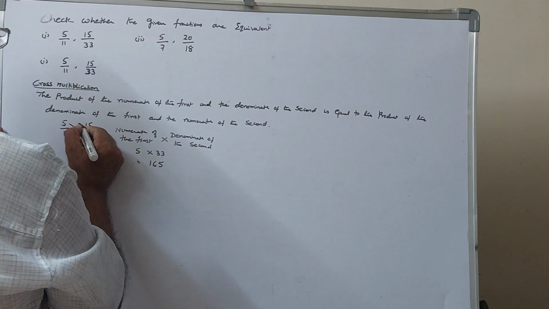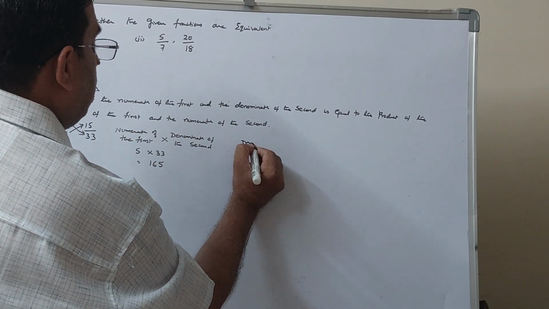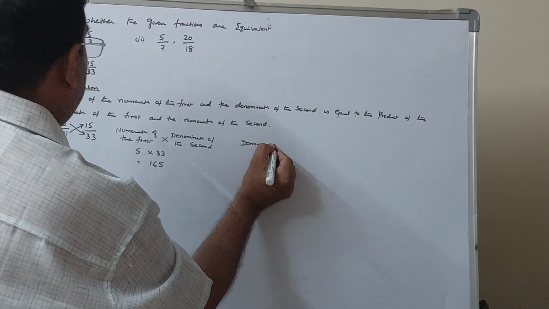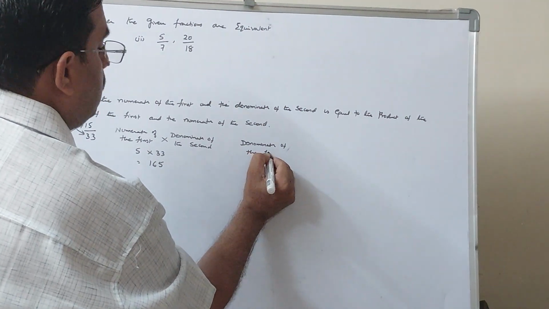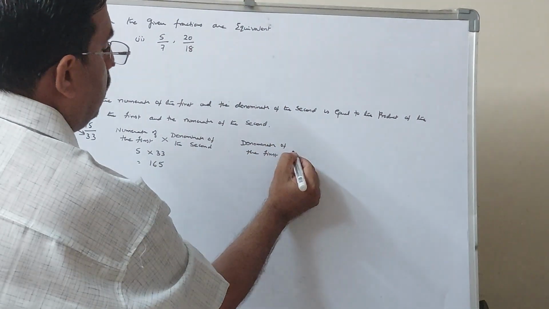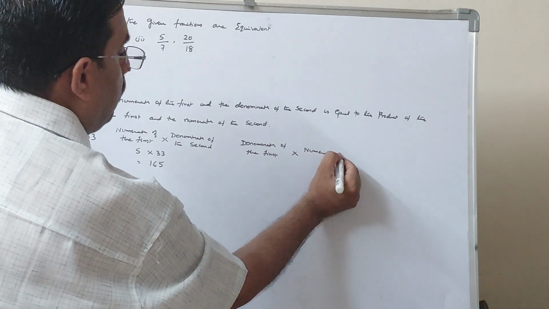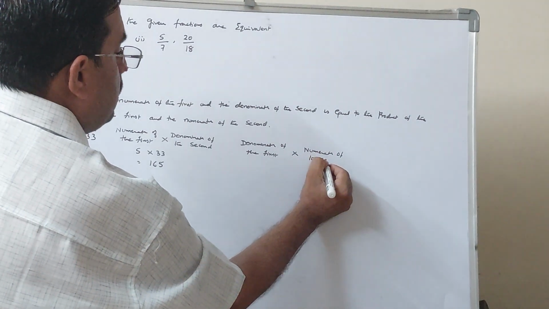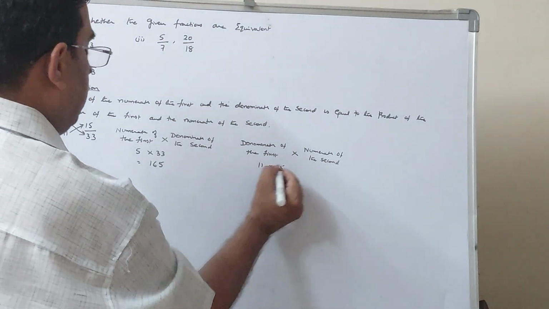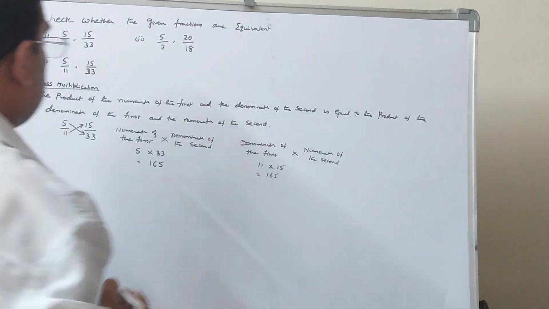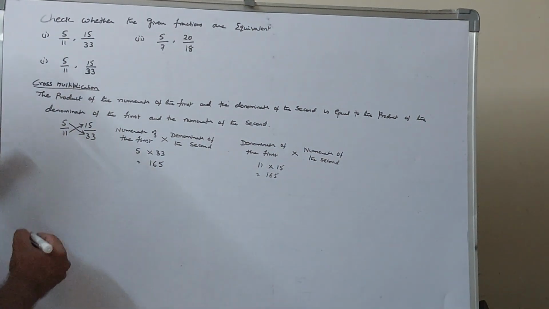The second one is denominator of the first into numerator of second, means 11 into 15 is equal to 165. So these two are equal. So these two are equivalent.